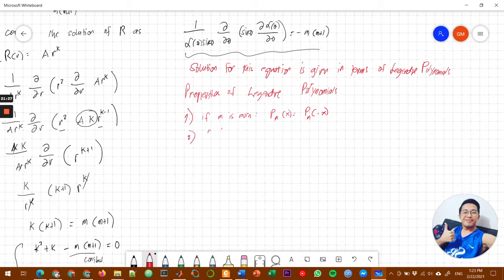If m is odd, then it becomes negative. Okay, the negative sign comes out. Then if x is 1, so that's actually 1 for all m.